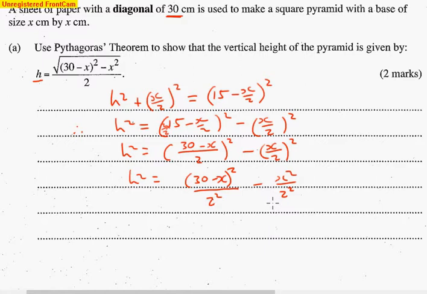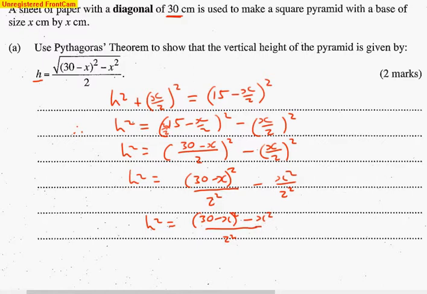And now I will just combine those two. h squared then is all over 2 squared, 30 minus x squared minus x squared.